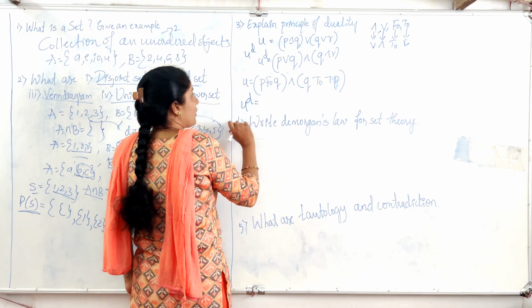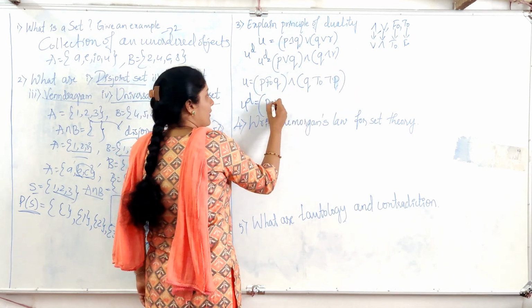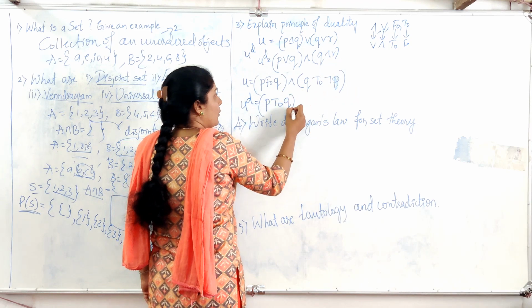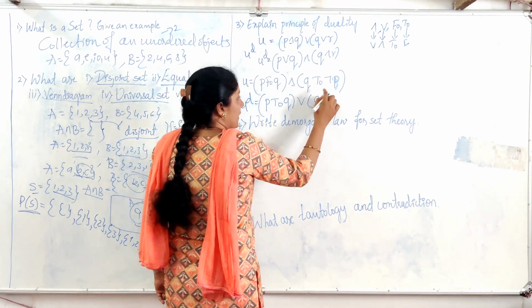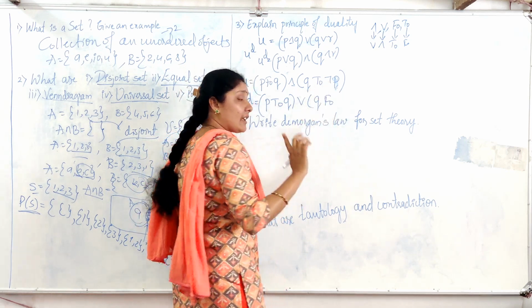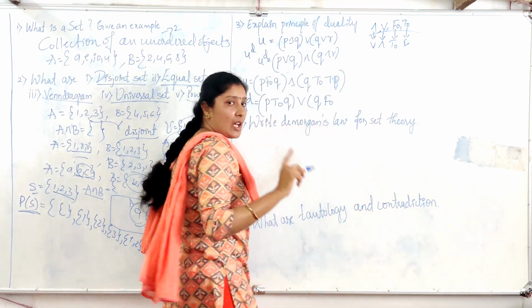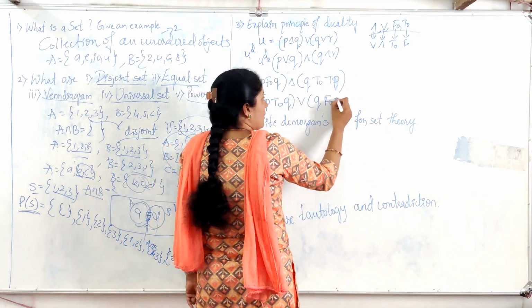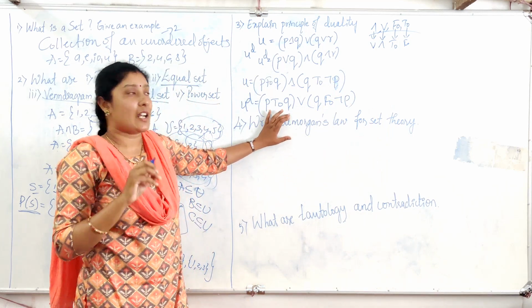U D is equal to P F0 becomes T0, Q, and becomes or, Q T0 becomes F0, and the negation, remember, negation remains the same. Only these four are going to be changed here. So negation P. So this is how we write the duality.